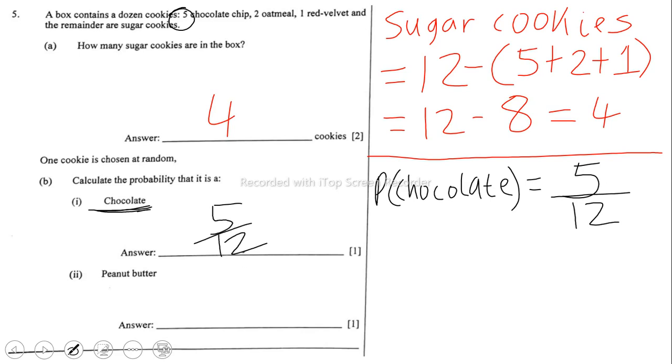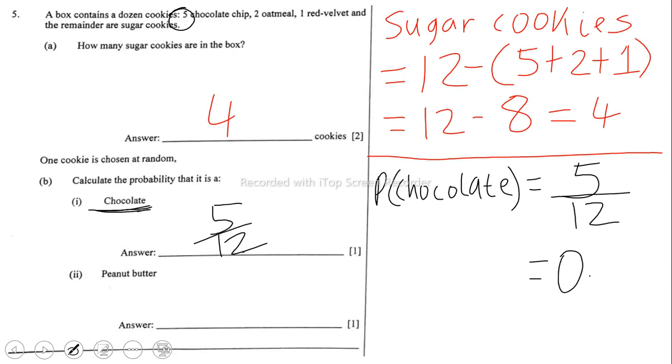Notice that probability is given as a fraction. You could also give it in terms of a decimal if you want. I don't recommend doing that, but you can. What would it be as a decimal? 5 divided by 12, that's what? 0.41 or 0.42.